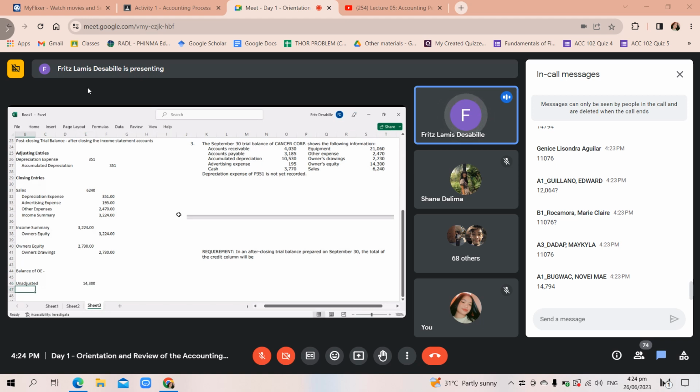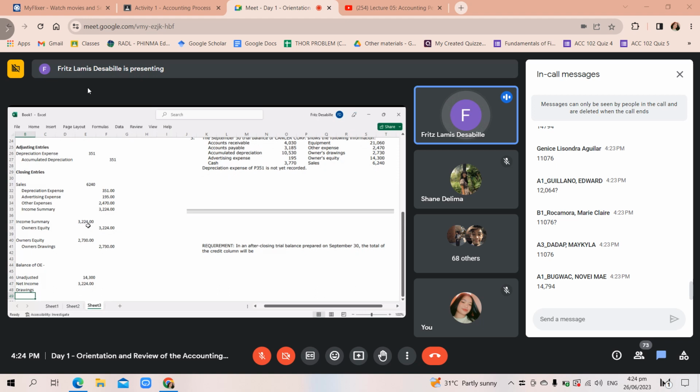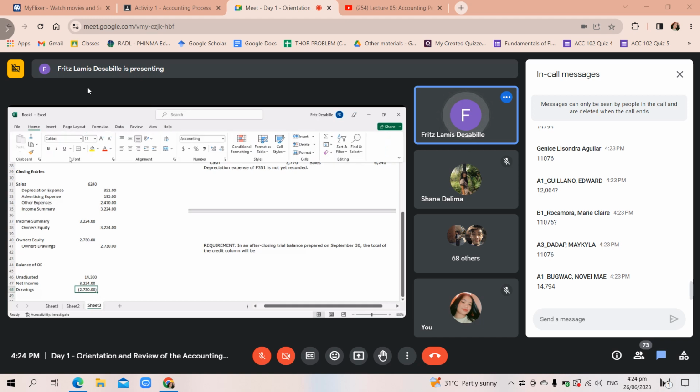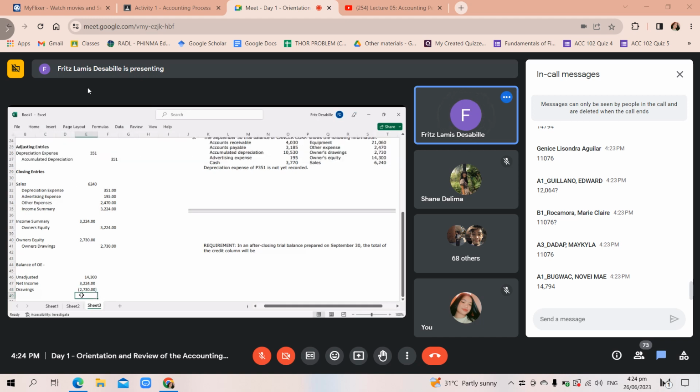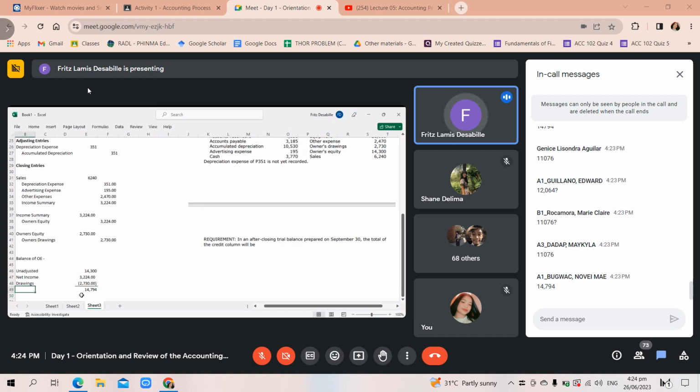We add the net income of 3,224. Then we subtract the drawings of 2,730. And that would result in a balance of 14,794.